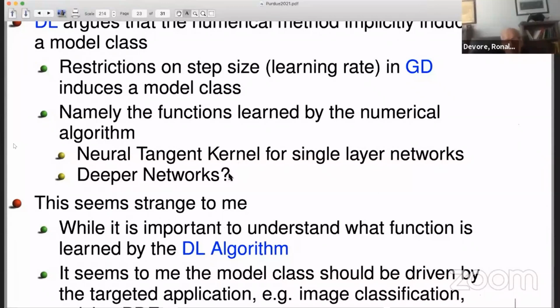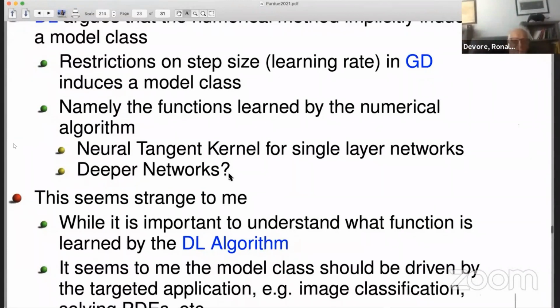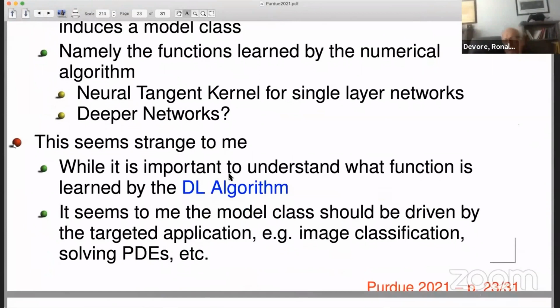No, we forget the model class. We have the algorithm, and now we'll try to understand, in essence, which model class was lurking in the background that our numerical algorithm was actually finding. So this is a different view, and one thing that bothers me is that since they're using the same algorithm no matter what the underlying model class was, that seems very strange to me.